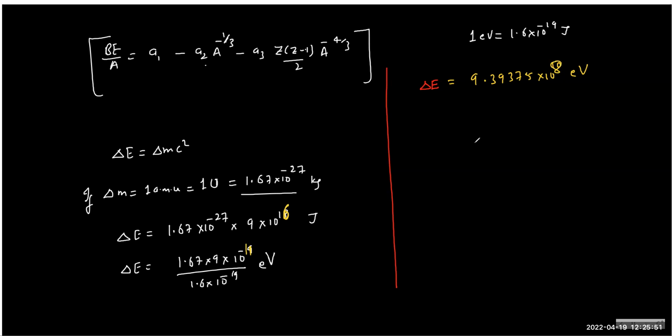My mistake. So delta E turns out to be 939.375 into 10 power 6 eV.